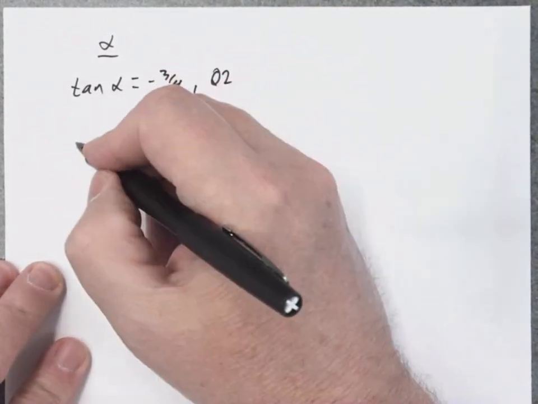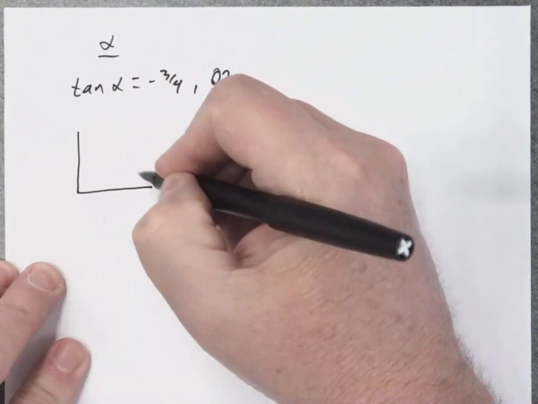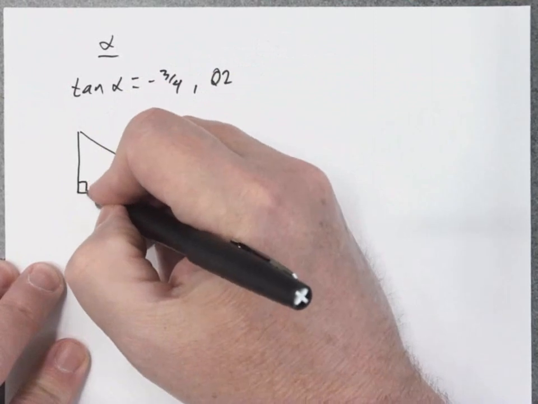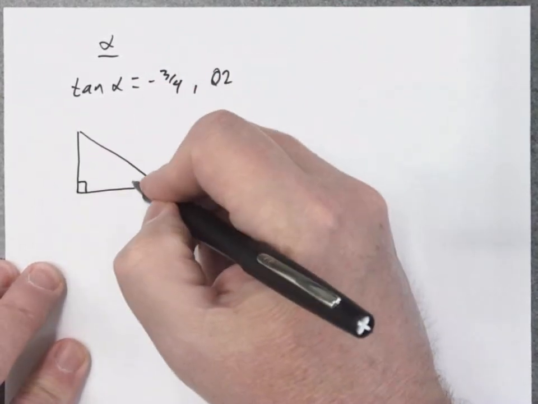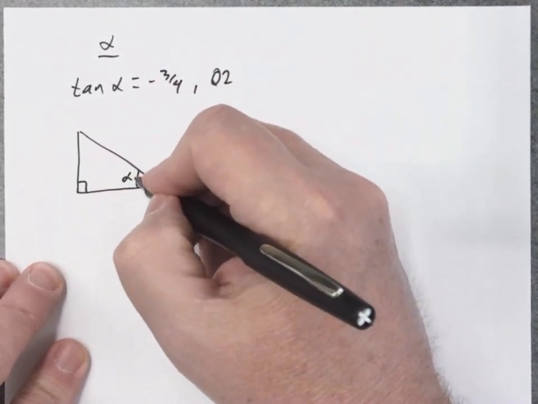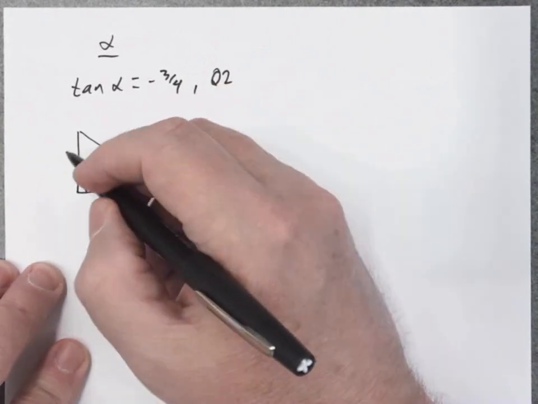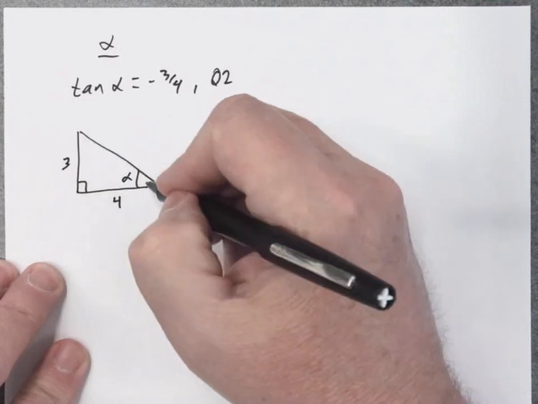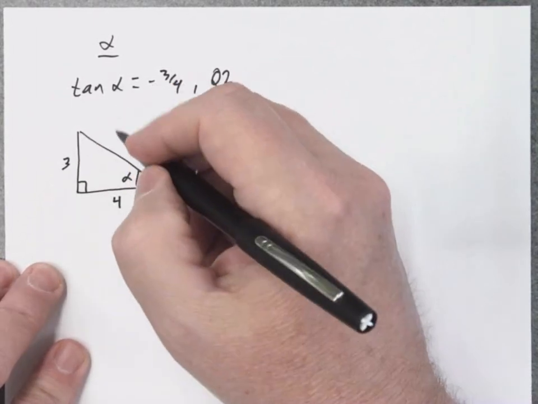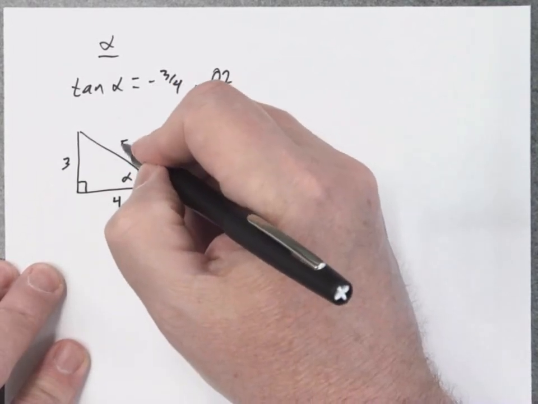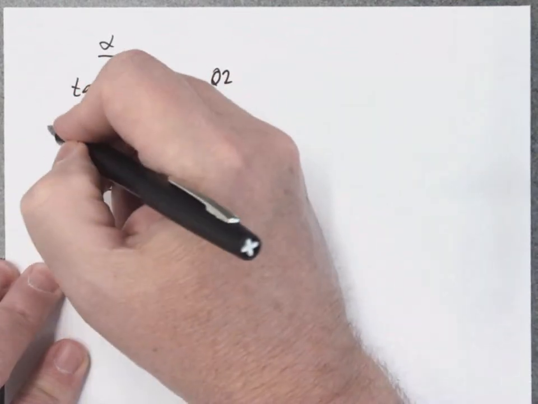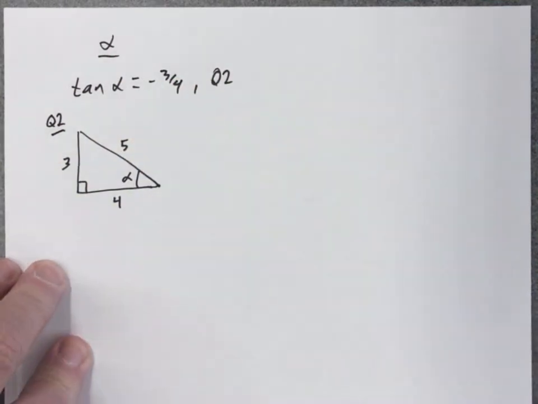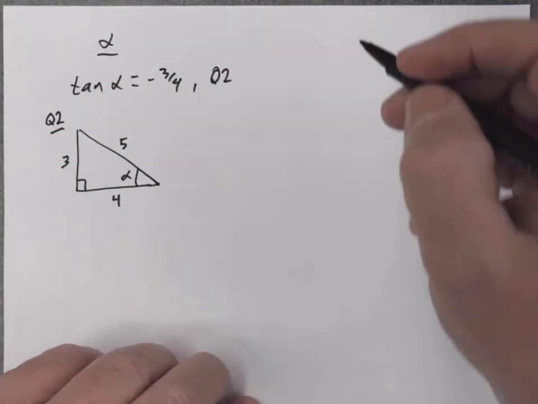So tangent, SOHCAHTOA, though as I create my right triangle, I'm not worried about this negative here. I just want to get the three sides of the triangle. So if this is alpha, TOA, opposite over adjacent. Now Pythagorean formula, this is a very common right triangle because I know the hypotenuse is going to be 5. And I'll write it up so I don't forget it. This angle is in quadrant 2.